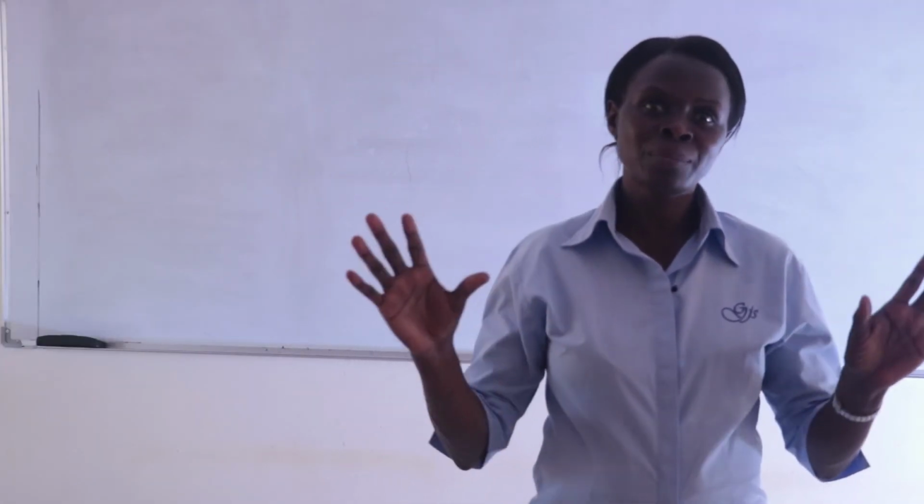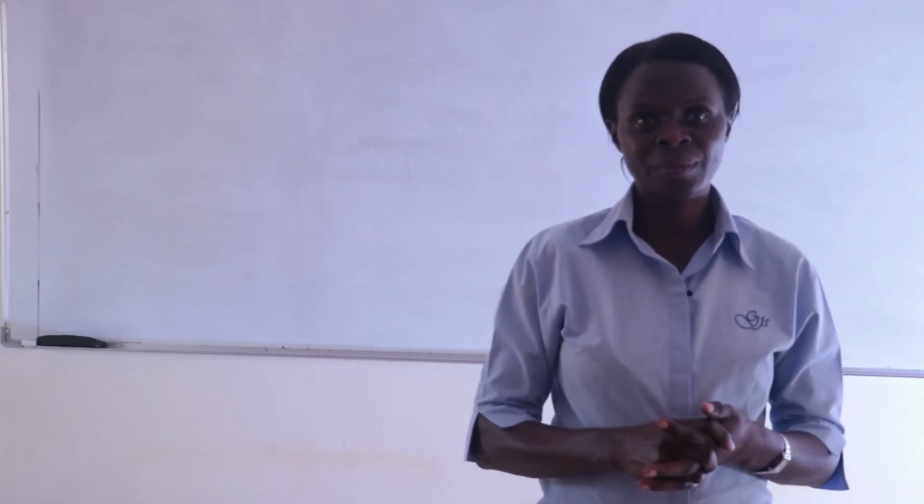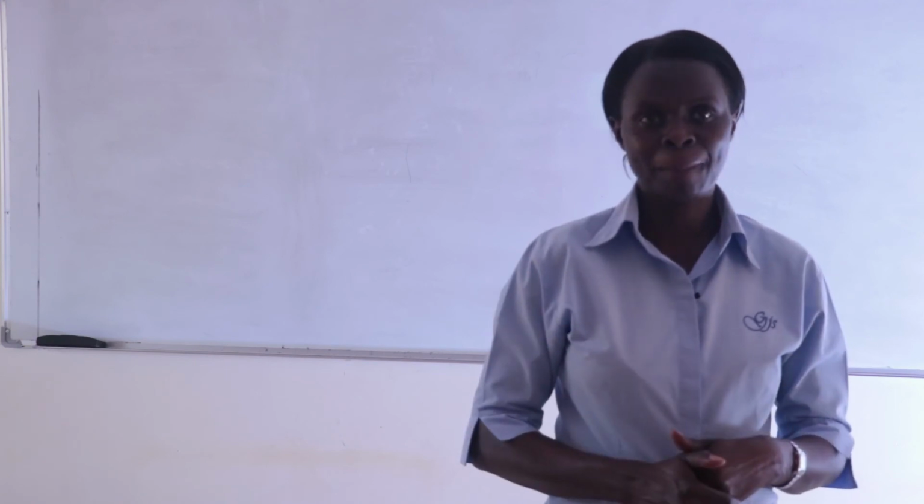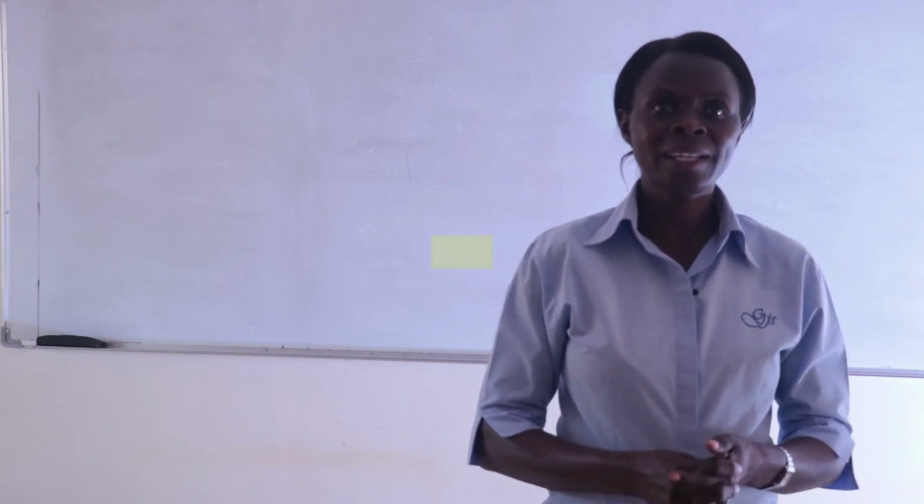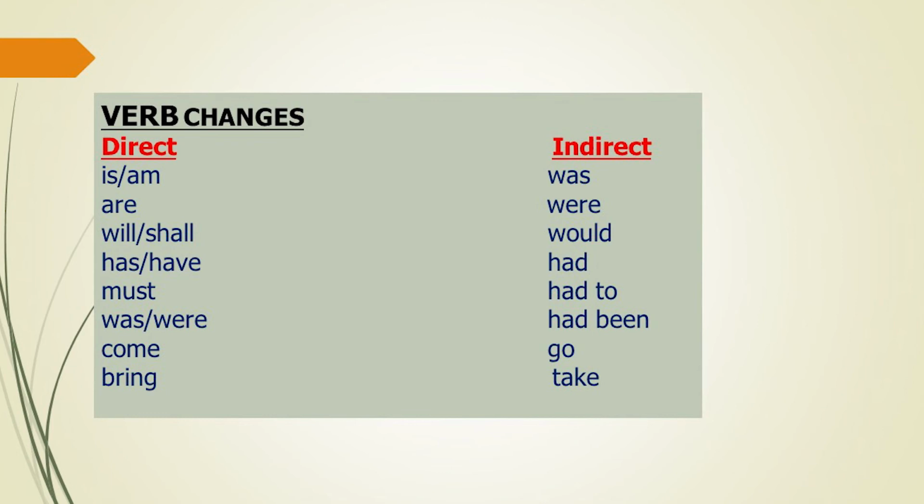There are also verbs that change, majorly the helping verbs. Helping verbs is and am change to was. Helping verb are changes to were. Will and shall, those are the helping verbs we use in the future tense, change to would. Has and have are helping verbs used in the present perfect tense.